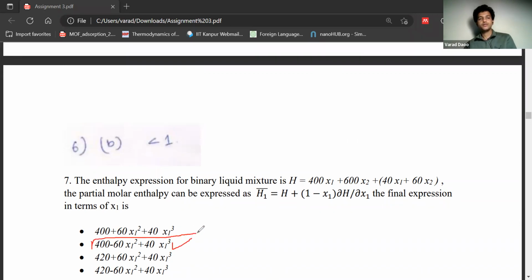Try to be very careful with the plus and minus signs. Anybody got it?